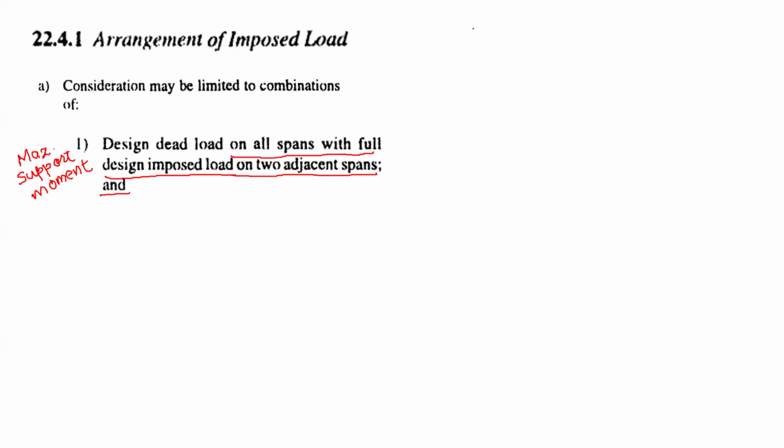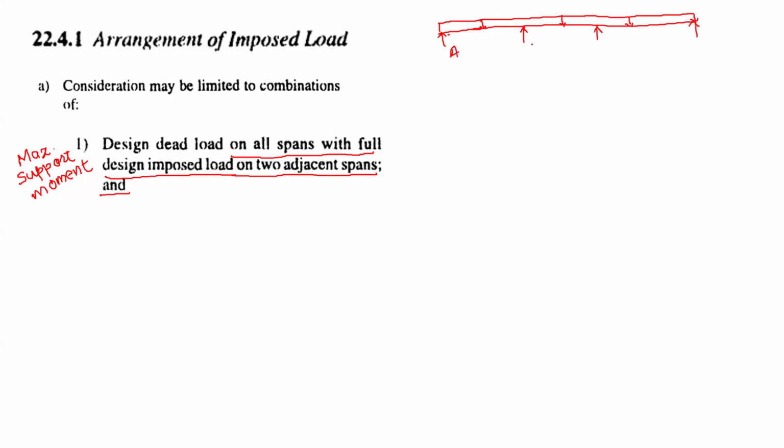If we plot it, dead load is always there, so we have this as dead load. And now, if we have to find the maximum support moment, then we do the following.